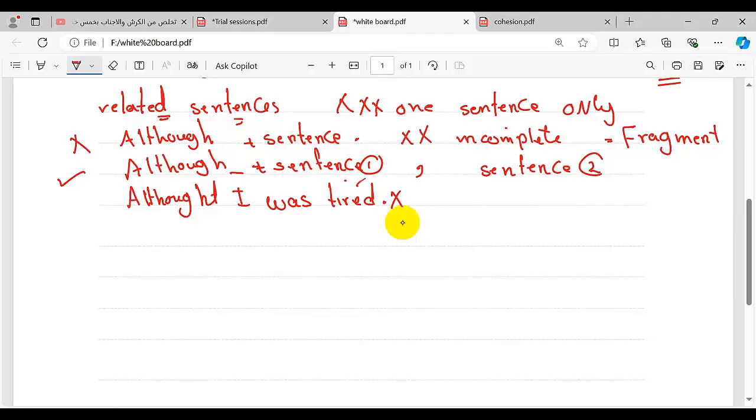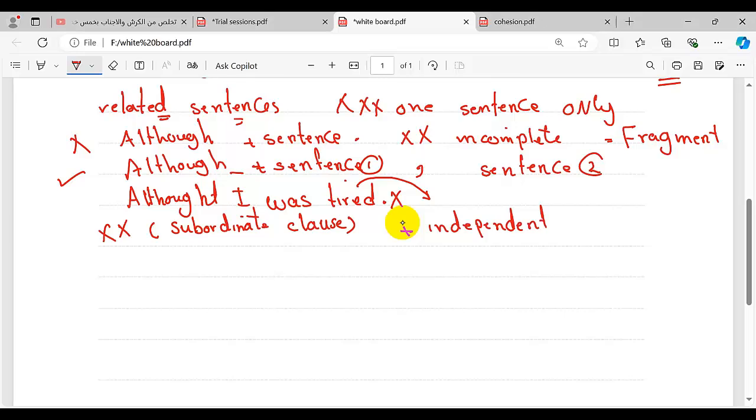We must add another sentence to complete the meaning. For this reason, we name this kind of sentence a subordinate clause or subordinate sentence, because writing only a subordinate sentence without an independent sentence is wrong. So again, you must use a subordinate clause followed by an independent clause.